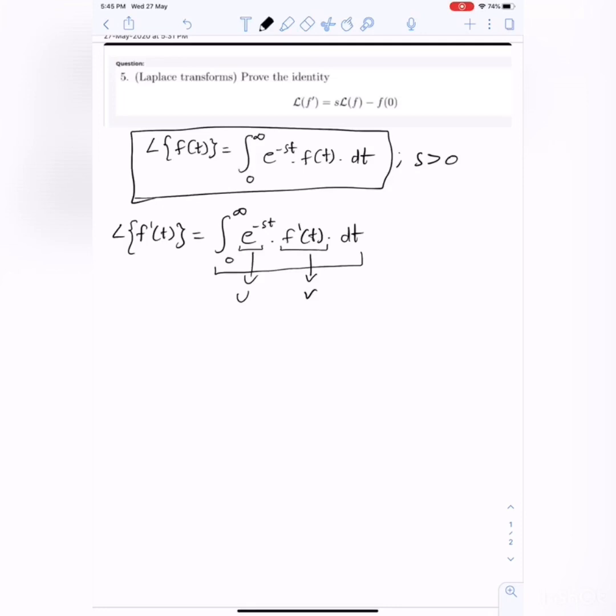Now we do know how integration by parts works. Any integral of u v' will be equal to u times v minus the integral of u' v.